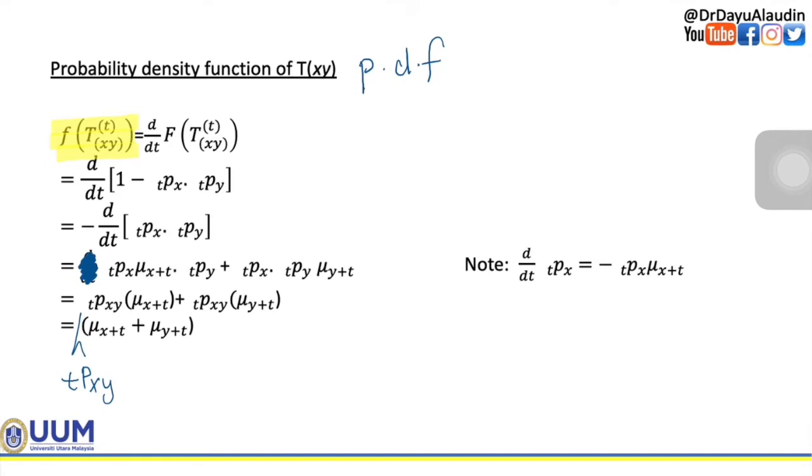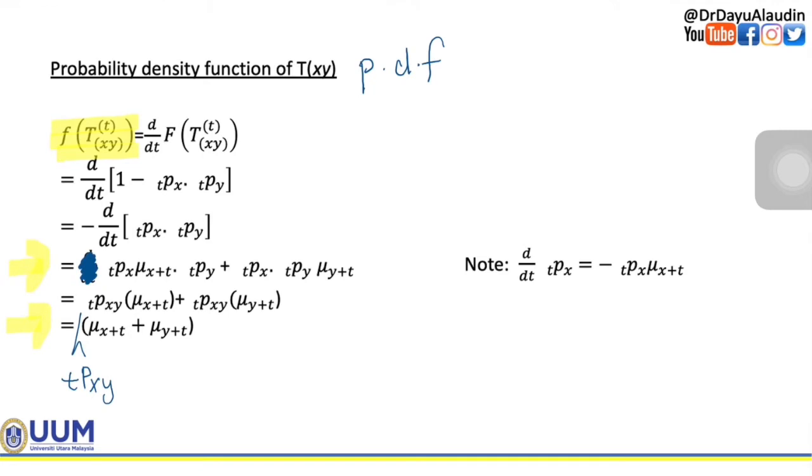The difference is only that there are two lives in this chapter. There is a typo in your notes, please correct it. You have to delete the d over dt in this line, and you also have to add tPxy in front of the bracket.